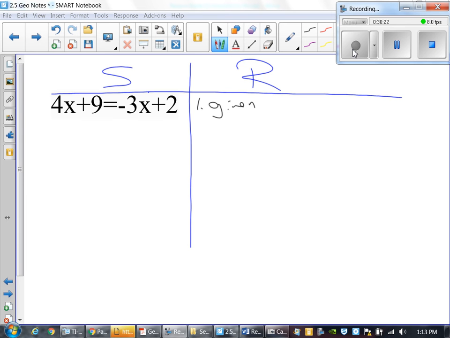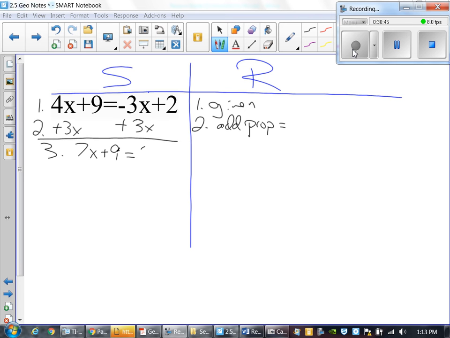Secondly, what did you move first? 3x. Now, did you add or subtract 3x? Good. So you add 3x to both sides. What's your reason for adding to both sides? Add prop equal. Thank you. And then simplify.